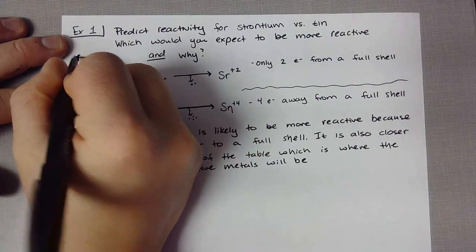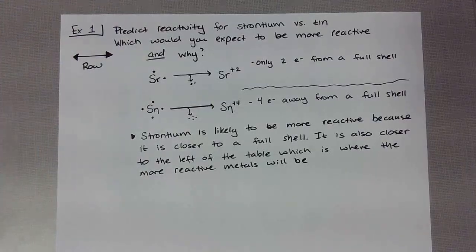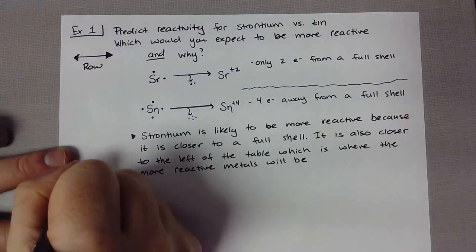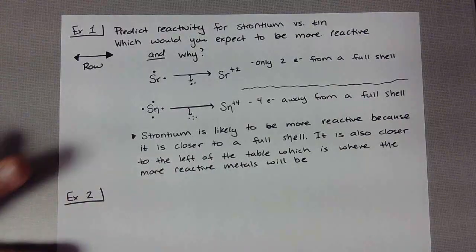So we practice some row logic. For example 2, we're going to flip that. We're going to look at two elements in the same column.